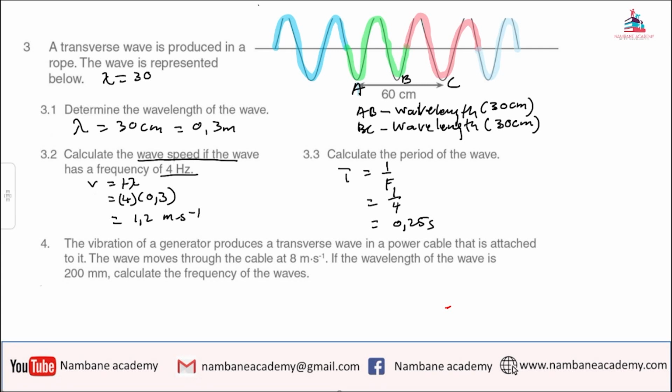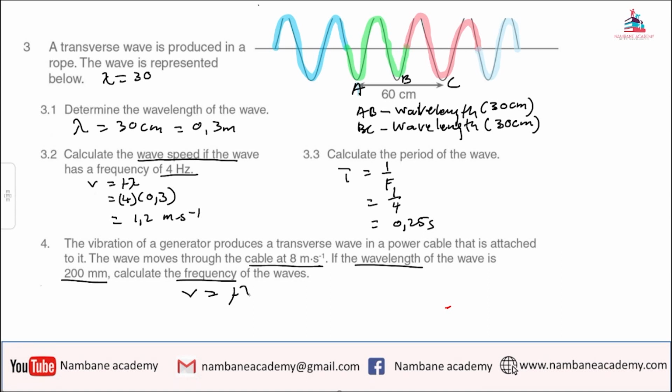At number 4, very easy also, the vibration of a generator produces a transverse waves to it. The waves moves at the cable with V, which is equals to 8. If the wavelength is 200 millimeters, calculate the frequency. Very easy.